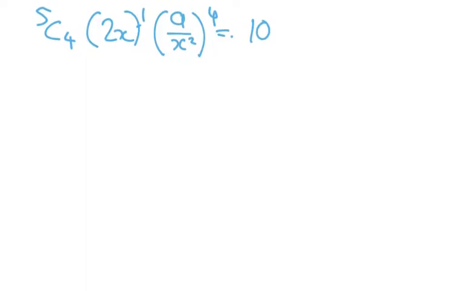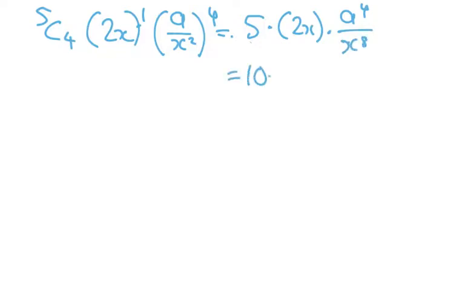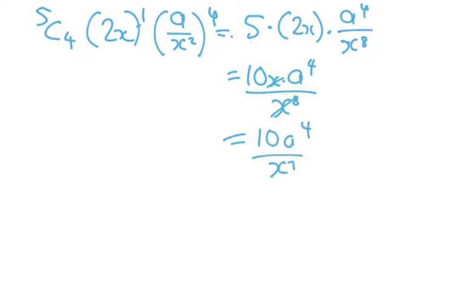So 5c4 is 5 times 2x, and then times a to the power of 4 over x to the power of 8. So this is 10x a to the power of 4 over x to the power of 8. When I cancel, I get 10 a to the power of 4 over x to the power of 7.